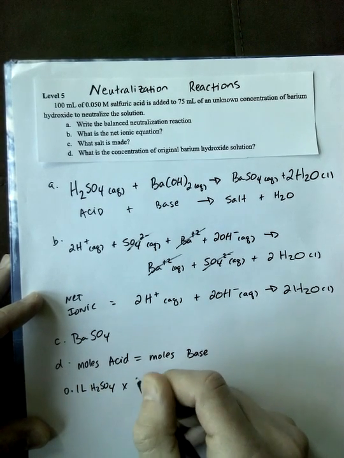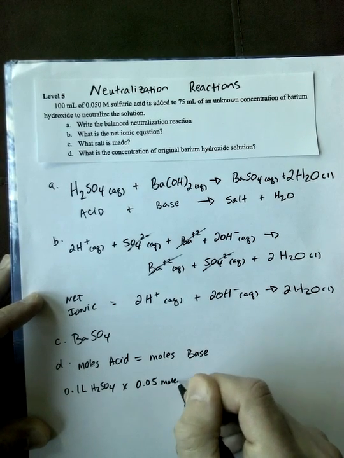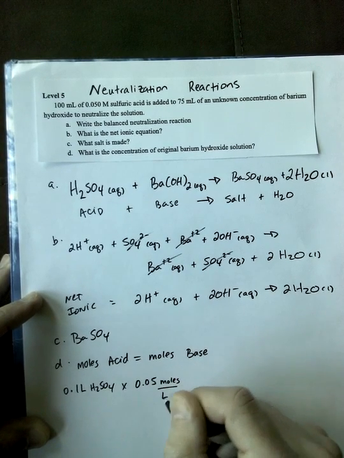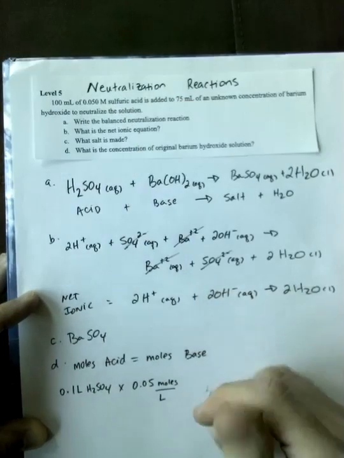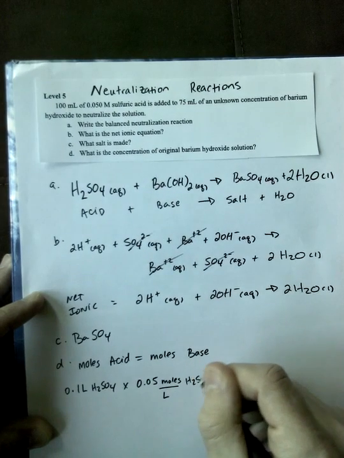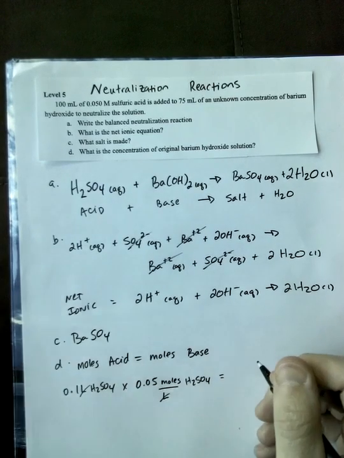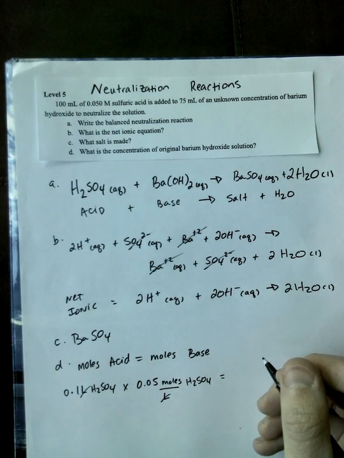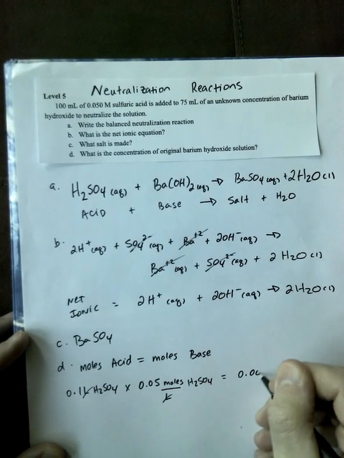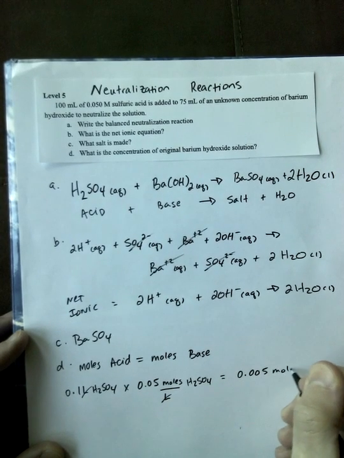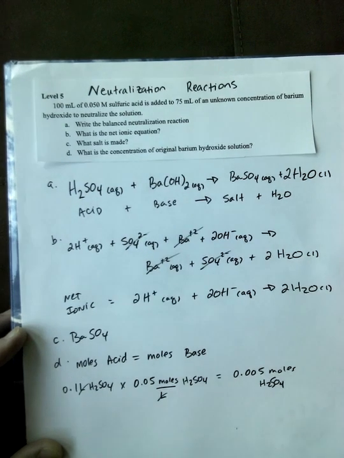I'm going to multiply that by the concentration, which I'm going to write as moles per liter, just to highlight the fact that that's what M stands for. Again, remember capital M is moles per liter. And what you should recognize is that the liters cancel out, and that gives me moles. So 0.1 times 0.05, and we get 0.005 moles of H2SO4.